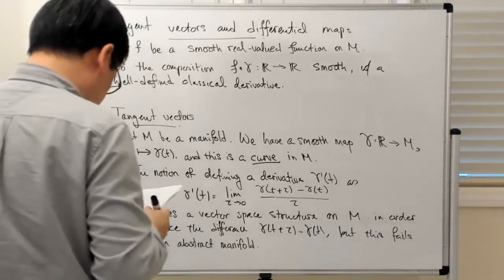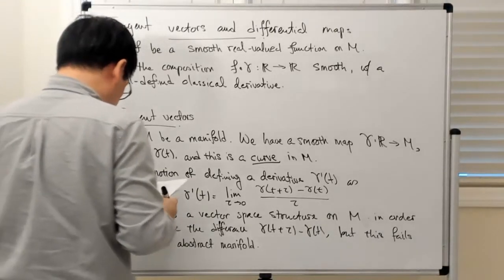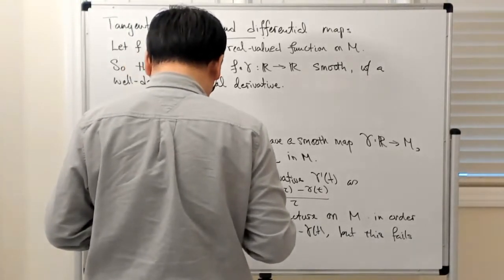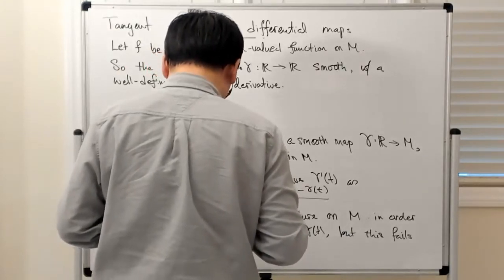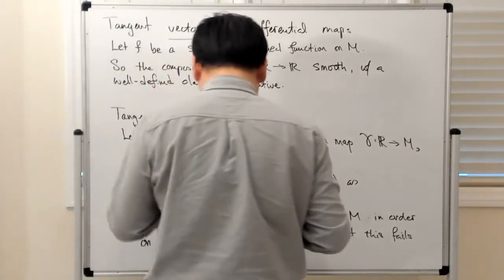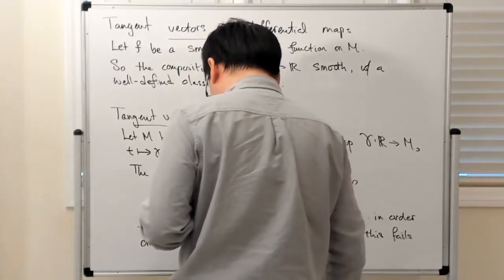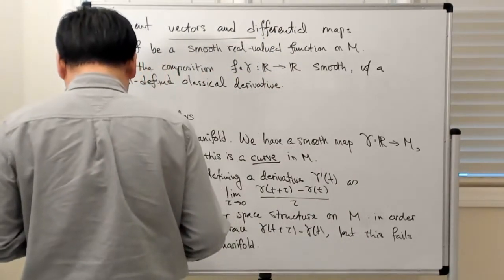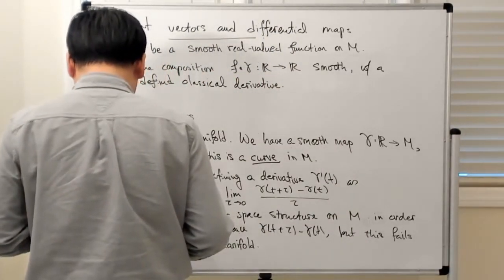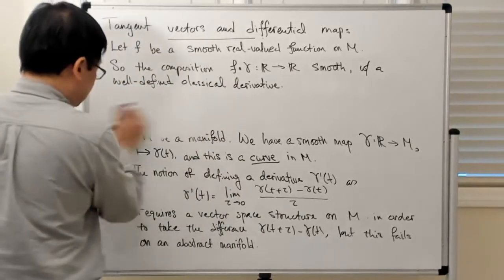So how do you define this notion of a tangent vector then? Let's see what happens.